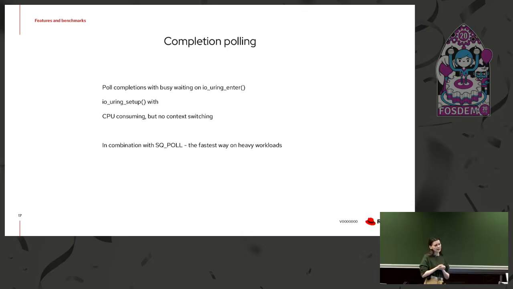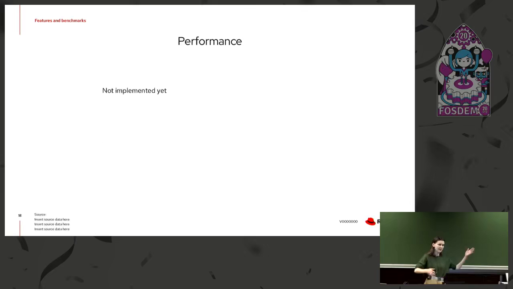You can see that it uses extra CPU, but this is the fastest way. So we have a thread that polls submissions, we are polling completions, and we don't have any extra context change. Yeah, it's not implemented. This is what we need to do.